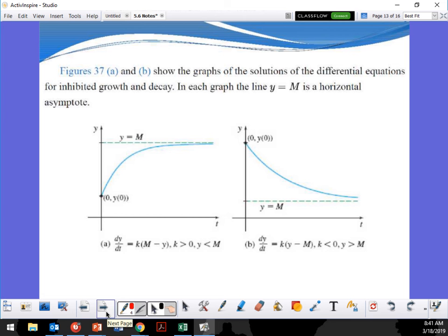Inhibited growth decay. M is the horizontal asymptote, which is my carrying capacity here. Here it goes, and it goes to that value. A lot of times when you actually have a decay, you're also going to have some capacity on the bottom.